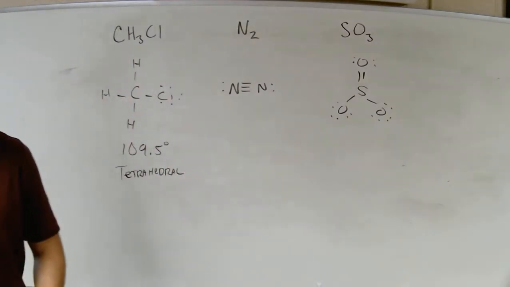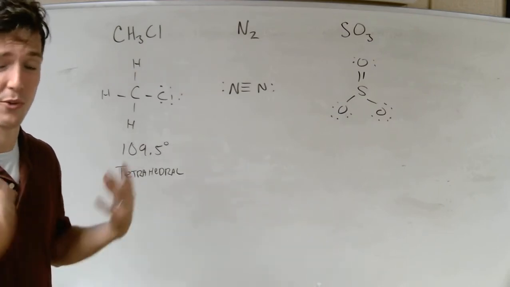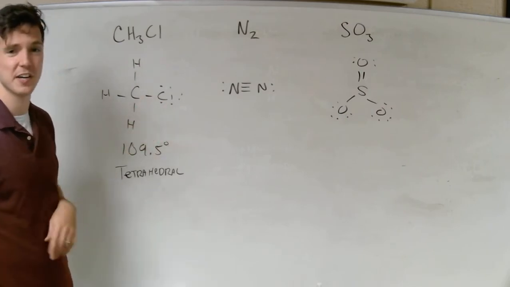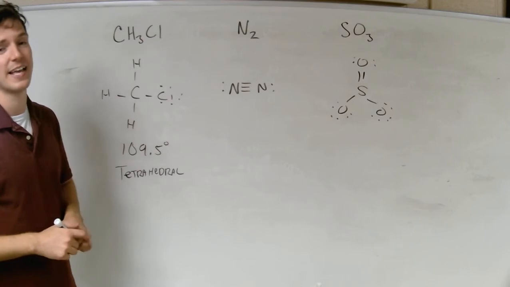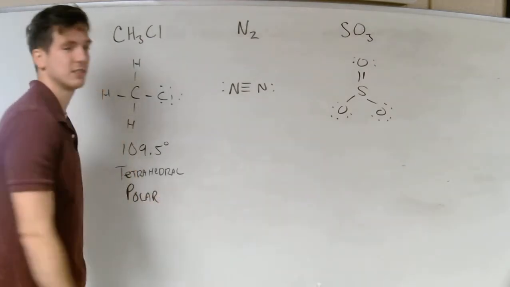Tetrahedron. And then we look at polarity, right? If they were all hydrogens, it'd be nonpolar because they'd all pull with the same strength. But unfortunately, we got this chlorine over here that has a different strength, and it's going to pull those electrons a lot more, and it's going to make this guy polar.